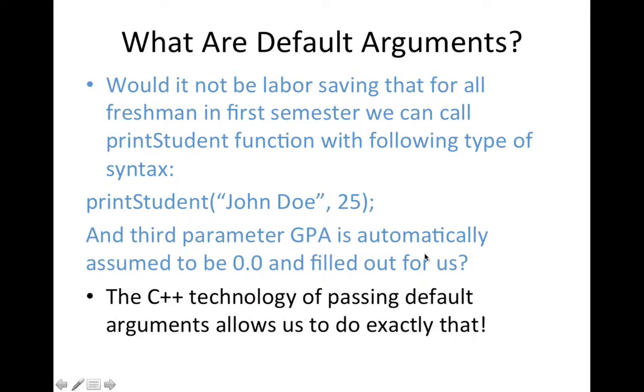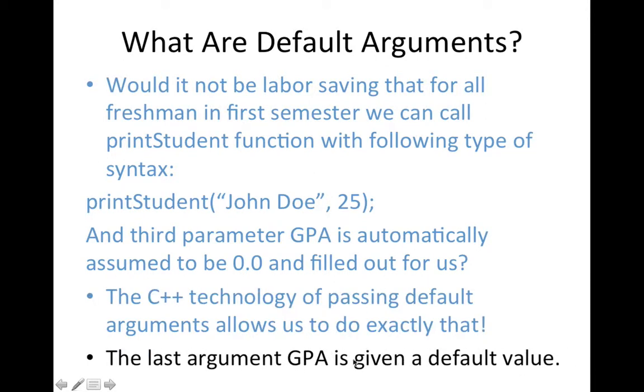Well, as it just so happens, the C++ technology of passing default arguments allows us to do exactly that. We can leave out the GPA argument and it will be provided the default value 0.0.